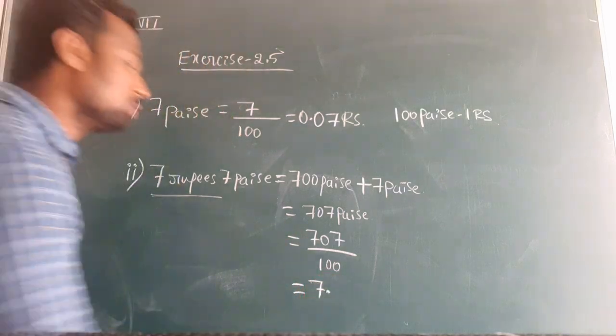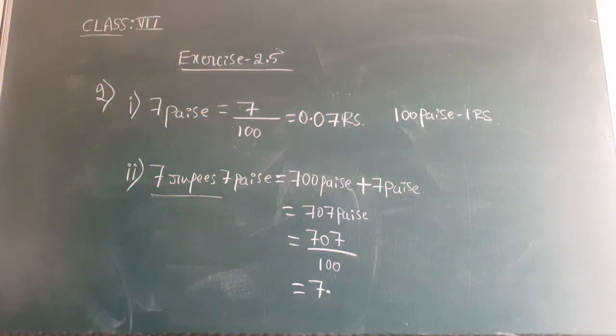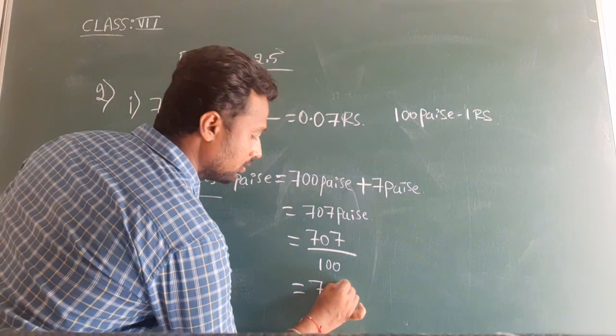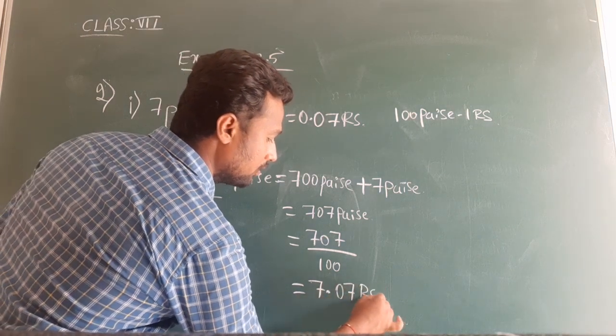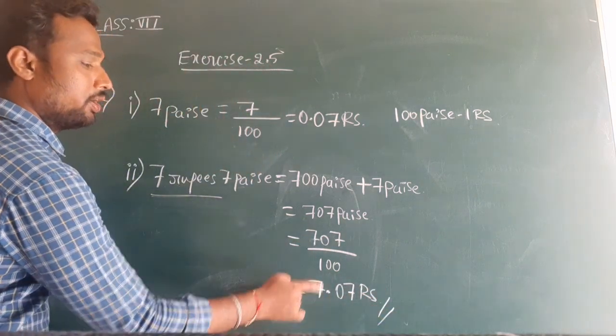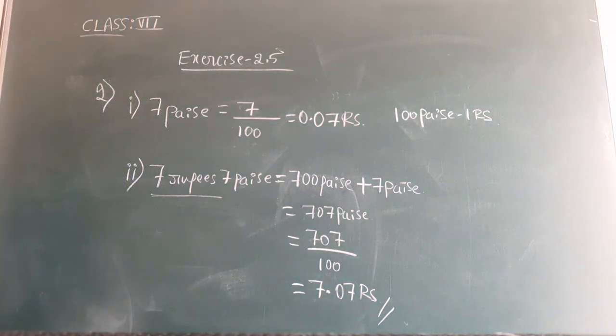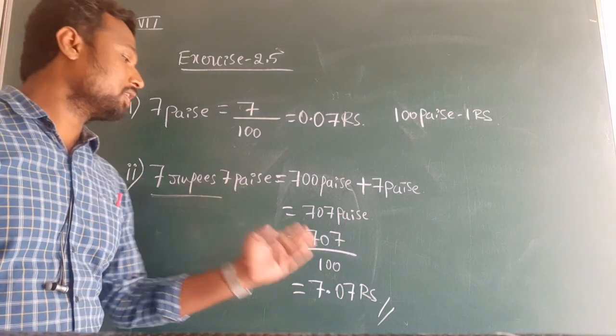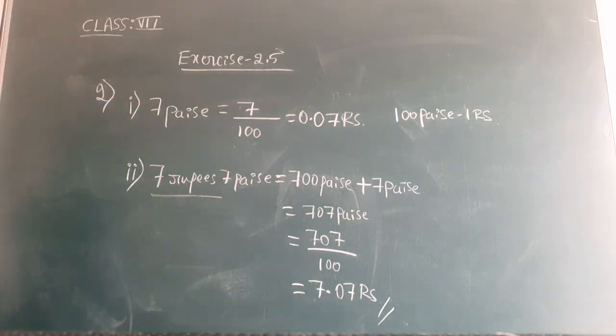So here we have the remaining 2 digits, that is 0, 7. So 7.07 rupees. When you convert this 7 rupees 7 paise to rupees, you will get 7.07 rupees.